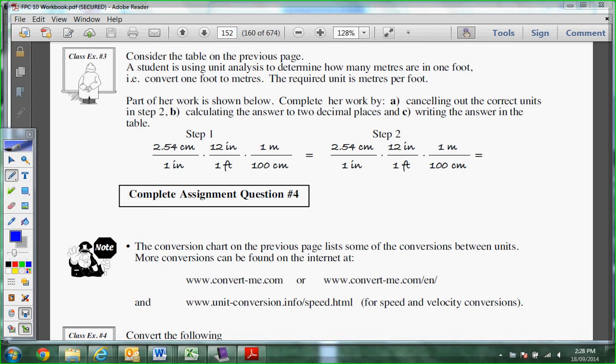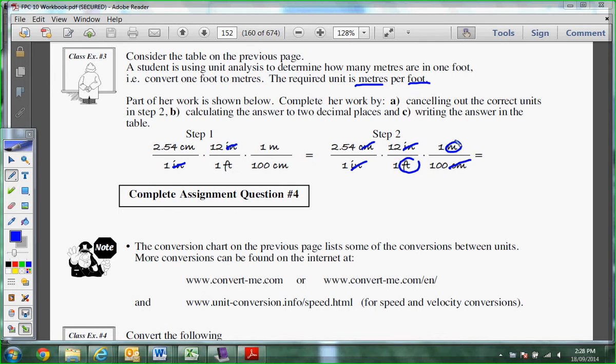Okay, so let's see what we have here. So, all right, so when I do this here, that unit's going to cancel and that unit's going to cancel. And then centimeters and centimeters is going to cancel. And it says the answer is going to be in what? Meters per foot. So meters per foot. Look, I have foot and I have meters left. So meters per foot. So I feel good about that.